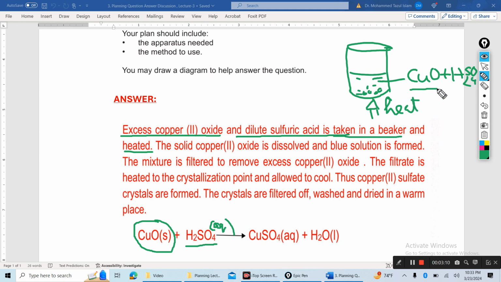Excess copper 2 oxide and sulfuric acid is taken in a beaker and heated. The solid copper 2 oxide is dissolved and blue solution is produced. After giving heat, you will see solid copper 2 oxide dissolve and blue solution will be formed.